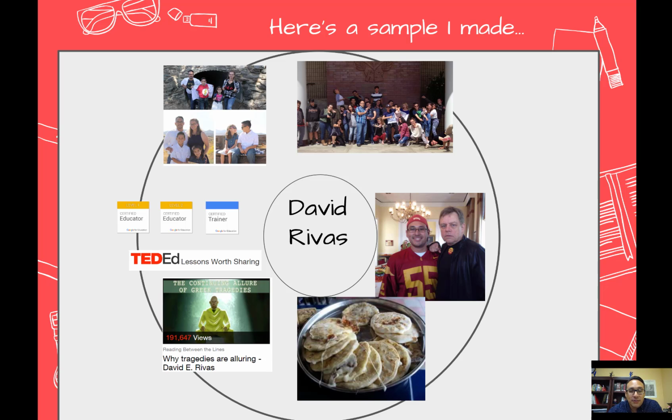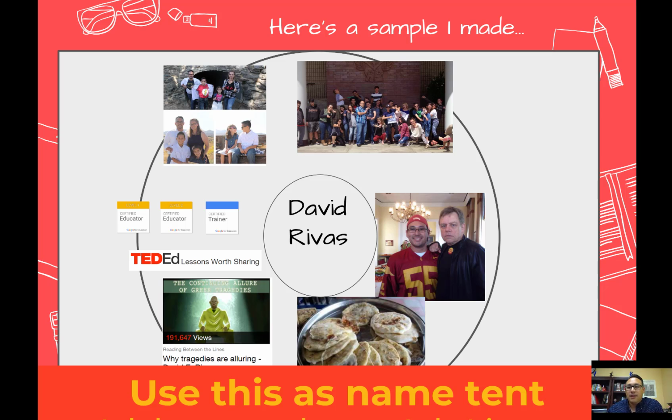And then my favorite food in the world is pupusas, a Salvadorian dish, and so use that to relate to some of my students. And then I let them create their own, and I have them do it on half a sheet of paper because it becomes a name tent to help me remember their names with visual cues about who they are and what they like.